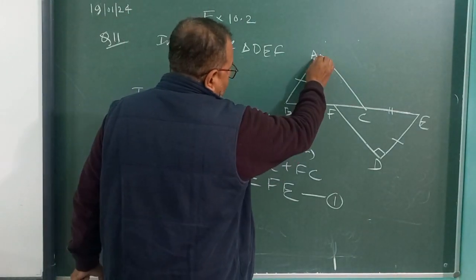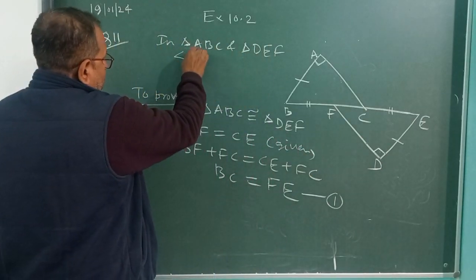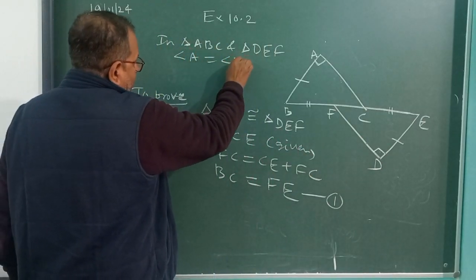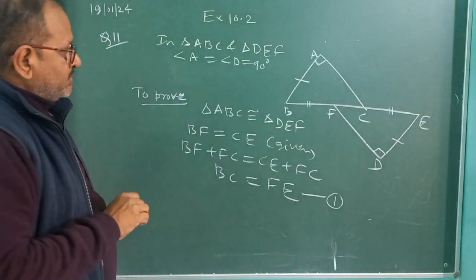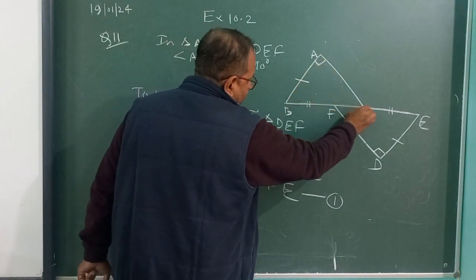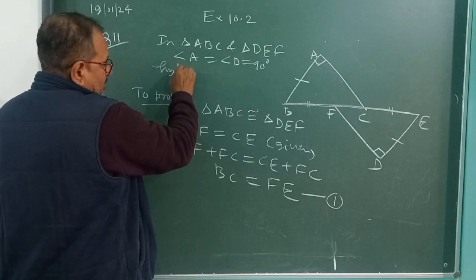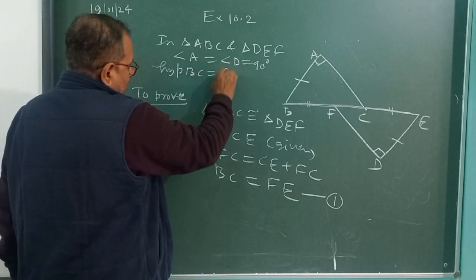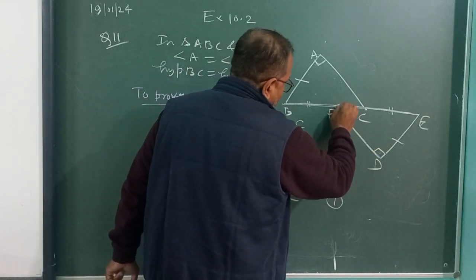In both the triangles, one angle is 90 degrees. Angle A is equal to angle D is equal to 90 degrees, it is given. Next, the side opposite the 90 degree angle is called the hypotenuse. So hypotenuse BC is equal to hypotenuse FE.